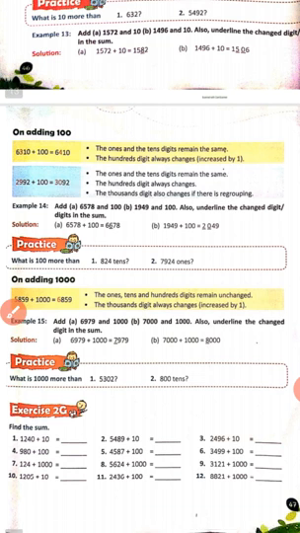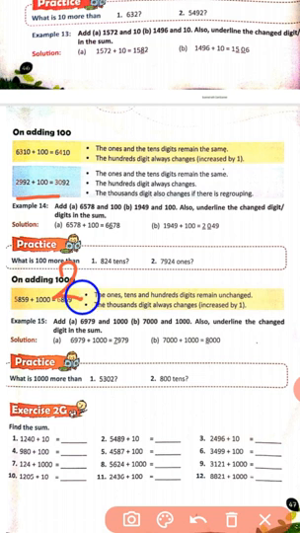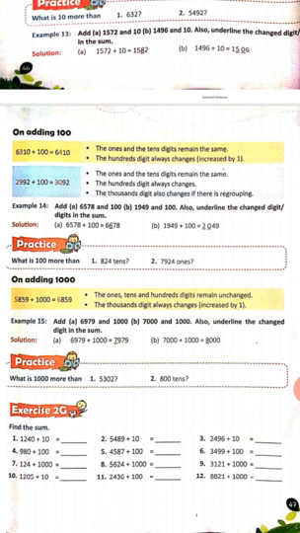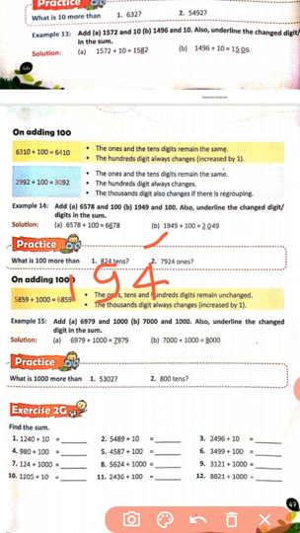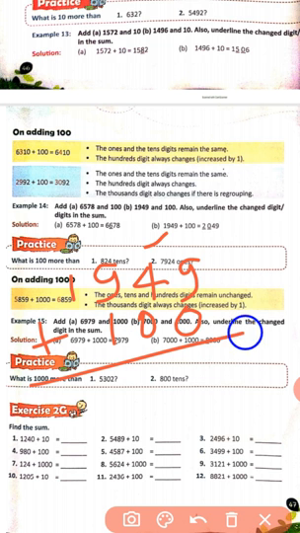Next example: add 1949 plus 100. Okay, now we add this. Add the ones: 9 plus 0 is 9, 4 plus 0 is 4.